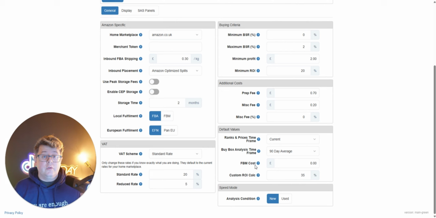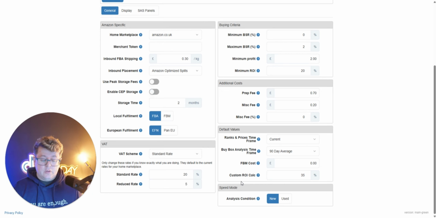So if you was doing FBM, fulfilled by merchant, what you'd be doing is finding out what it's going to cost you on 80% of your products to send that product to your customer. Obviously, if you was using this FBM cost, I would recommend changing the local fulfillment to FBM. It just saves you that few seconds when doing the analysis on your product.